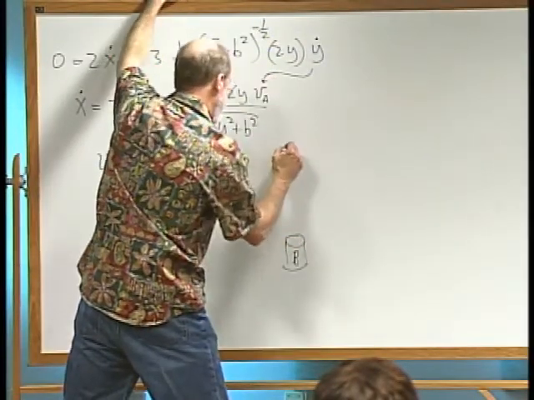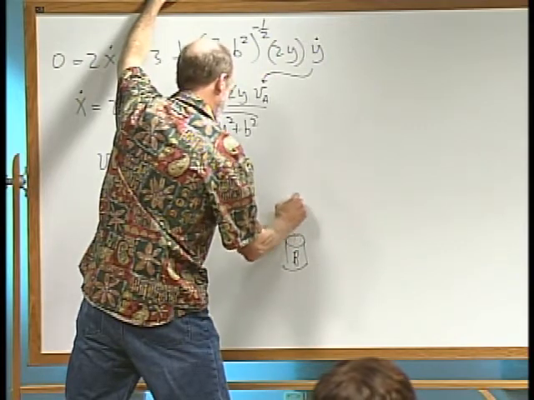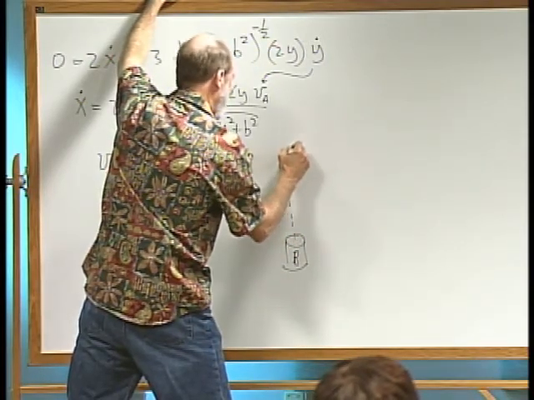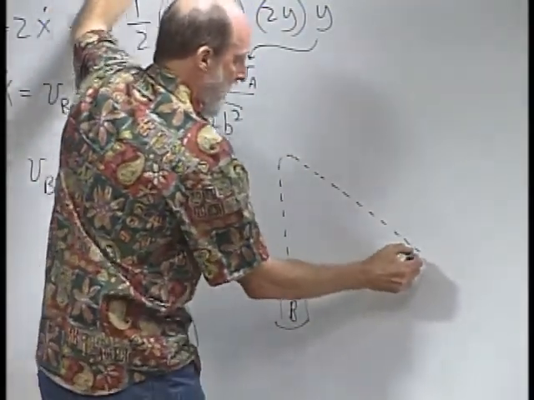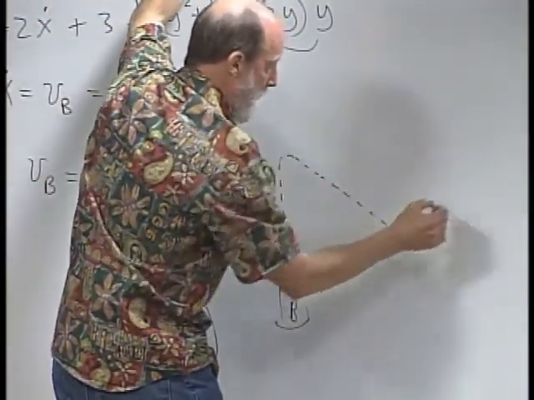Here's B, and we've got the pulley mechanism, comes up and over, and then it goes out over here. Doesn't it wrap around underneath and go up over there and come back? Yeah.